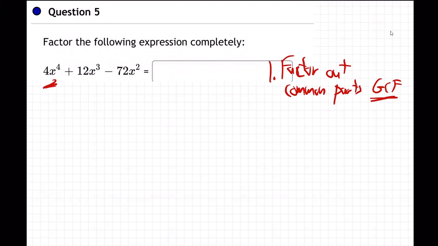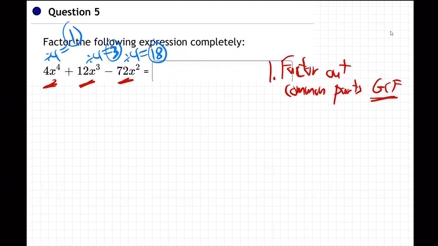As you look at these three, we ask ourselves, first off, is there a number that they're all divisible by? And the answer would be yes. They're all divisible by 4. Check it on your calculator, right? That'll be 1, this will be 3, and this will be 18.